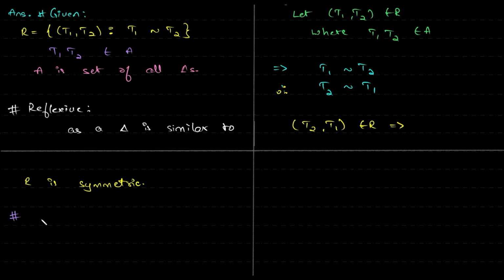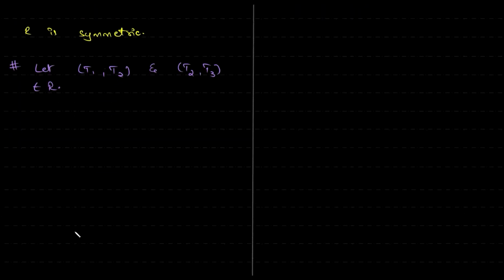Next, let (T1, T2) and (T2, T3) belong to R. From this what can I infer? T1 is similar to T2, T2 is similar to T3. Of course from this I can tell T1 should be similar to T3.